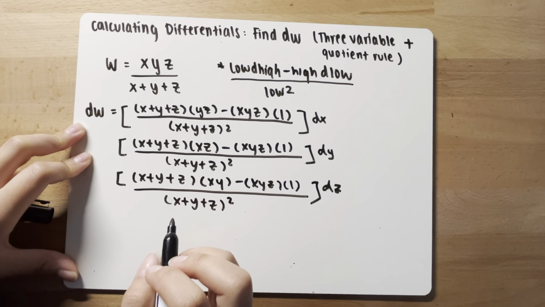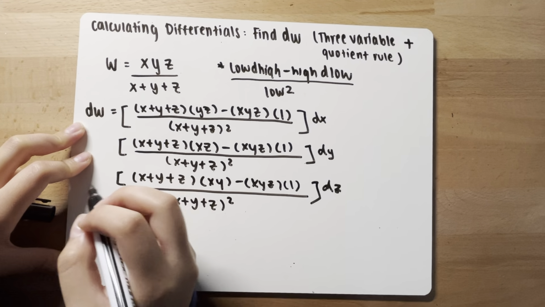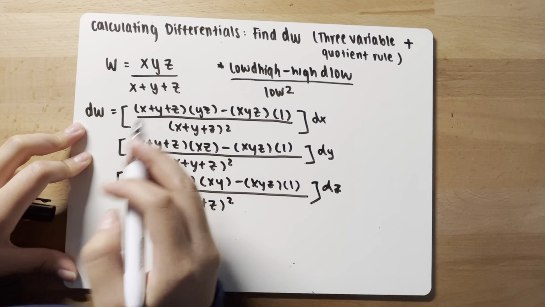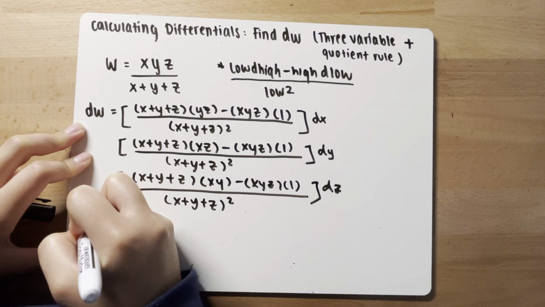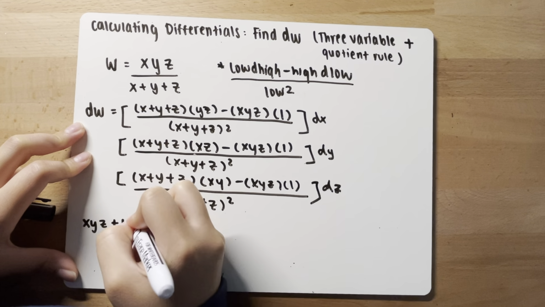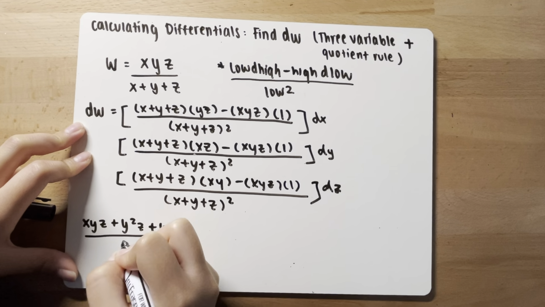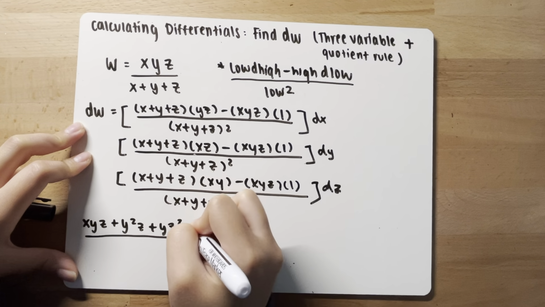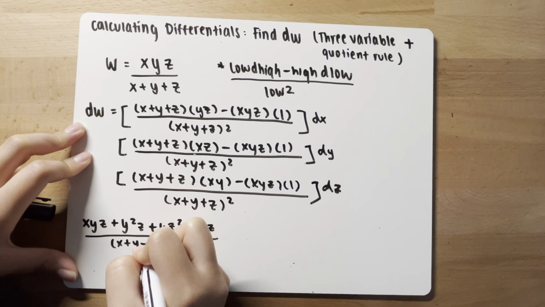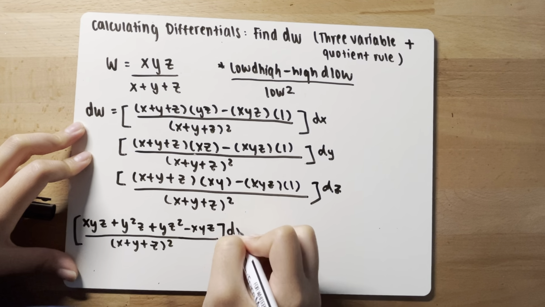Now, we can simplify this. For dx, you are going to distribute yz to each value right here. So you are going to have xyz plus y squared z plus yz squared, minus xyz, over x plus y plus z squared. This is your dx.